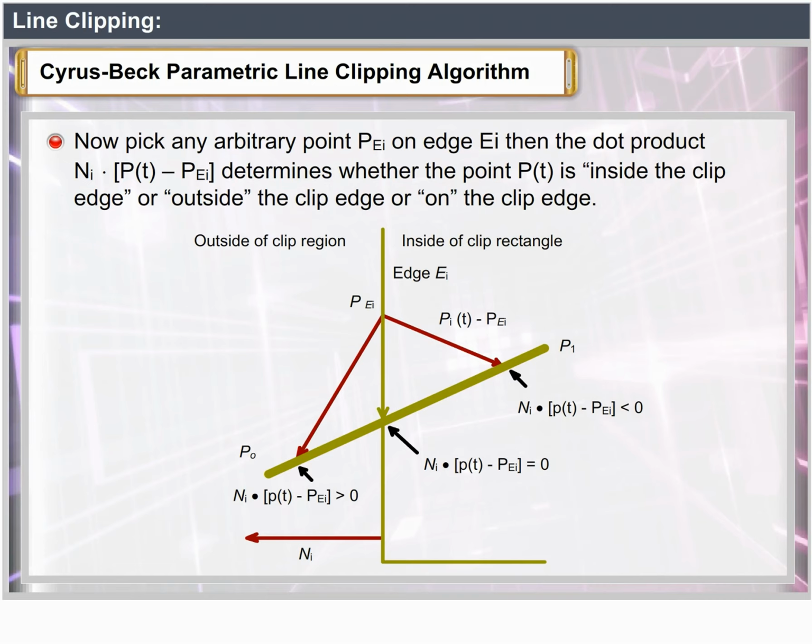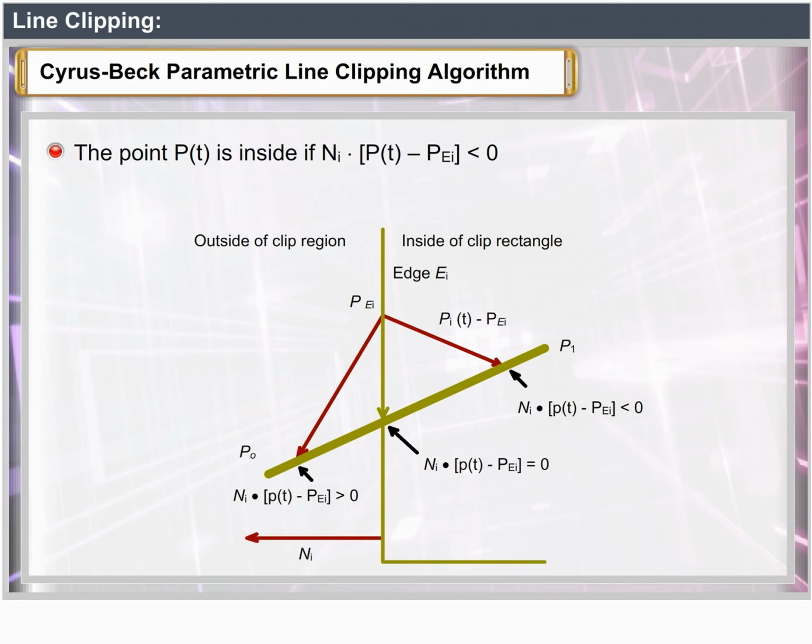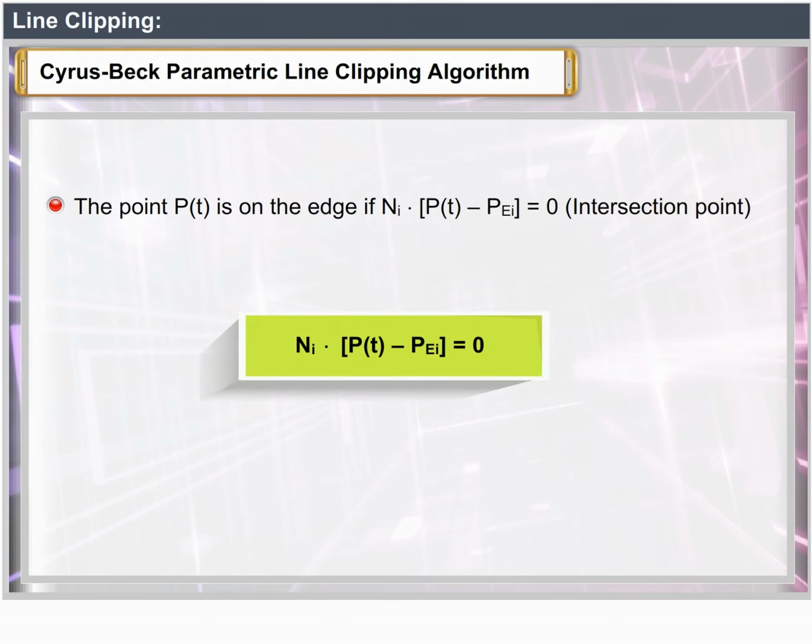The point P(t) is inside if Ni · (P(t) minus PEi) is less than 0. The point P(t) is outside if Ni · (P(t) minus PEi) is greater than 0. The point P(t) is on the edge, an intersection point, if Ni · (P(t) minus PEi) is equal to 0.